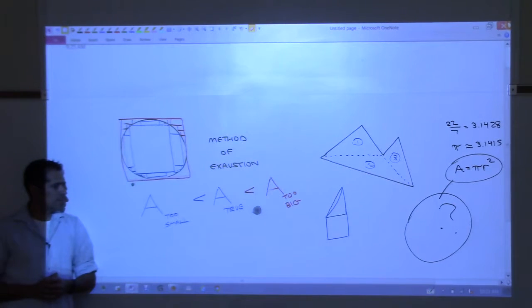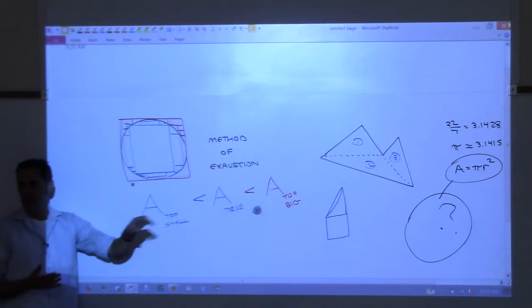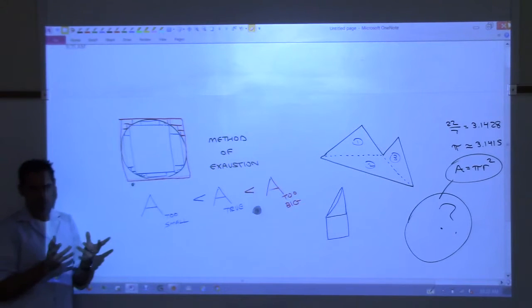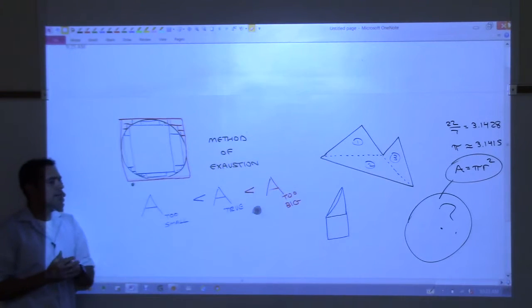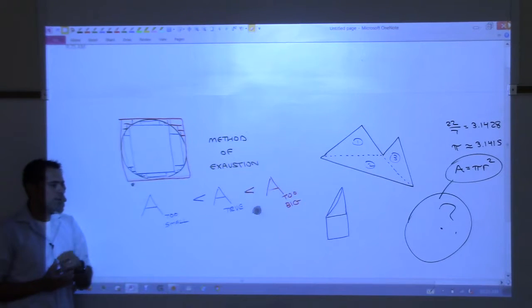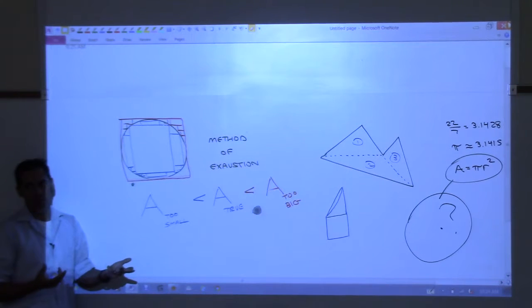Does that make sense? Now, calculus came along, and calculus allows us to do things that become infinite. Limits, right? Let something go to infinity. And that's what Newton was able to do. We are going to do something similar to this, but we will apply a limit at the end, and that limit will give us the true area.